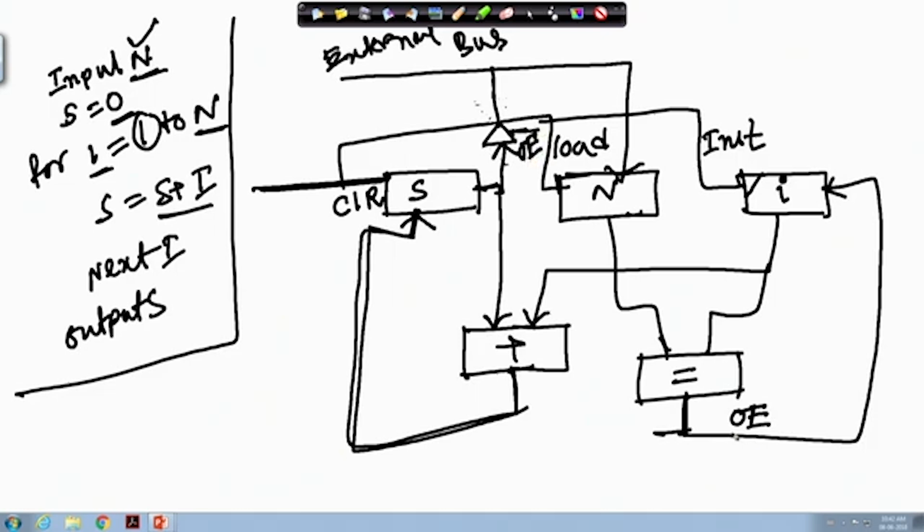That means, whenever this signal is 1, this will be enabled and S will go to the external bus. So, this is the corresponding algorithm for finding the sum of n natural numbers. The corresponding iterative circuit for calculating n natural numbers is that.